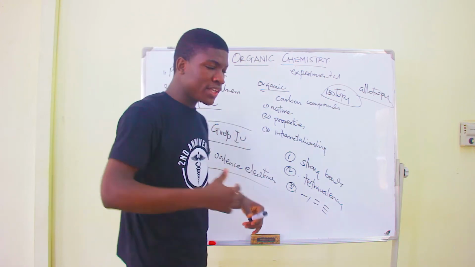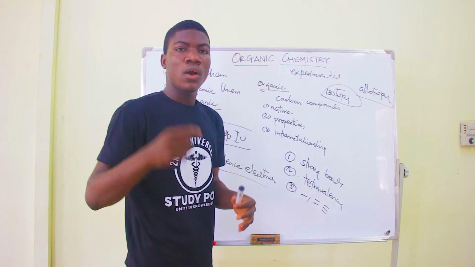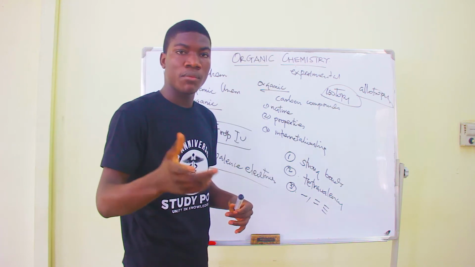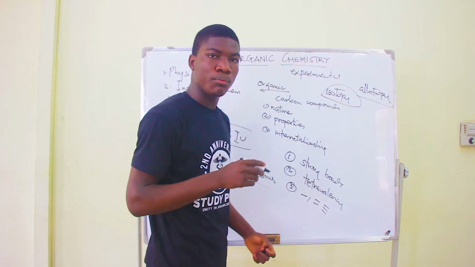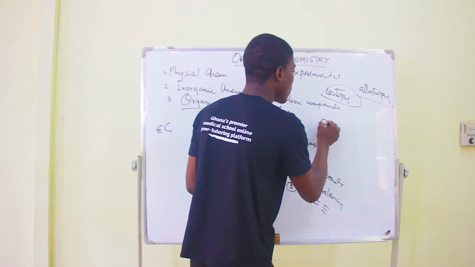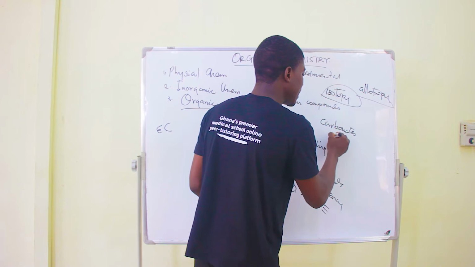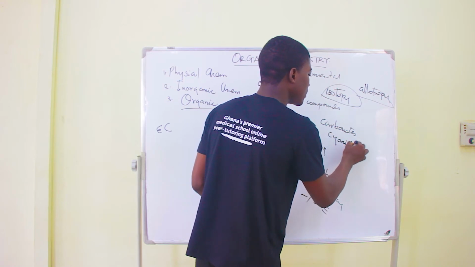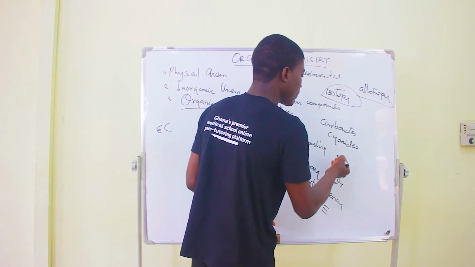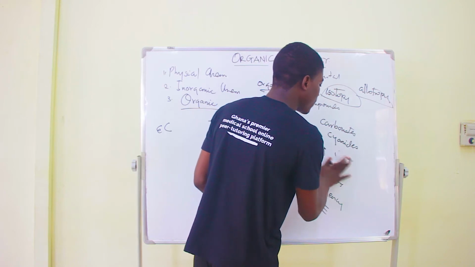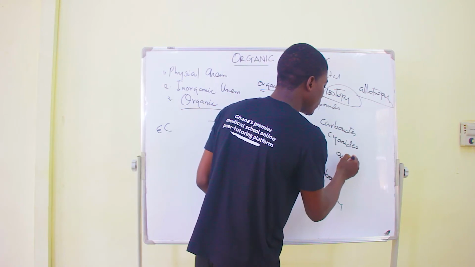Now, even though we've said that organic chemistry is the study of carbon compounds, we don't study some compounds, and these are compounds containing carbonates, cyanides, and then the oxides of carbon.